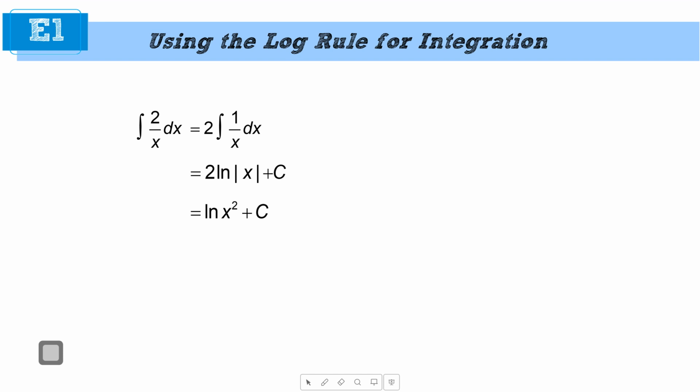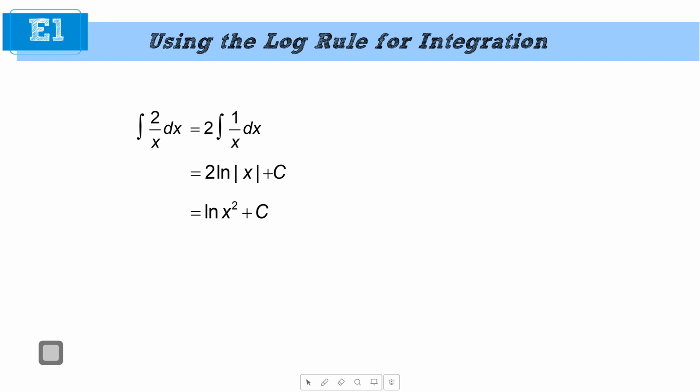Can you stop at the second line? Is 2 times the natural log of the absolute value of x plus c an acceptable answer? Yes, it's fine. But if you want to show off, then you could bring that 2 out in front into the thing that you're taking the log of. Where'd the absolute value bars go? Yeah, you're squaring it so it has to be positive.